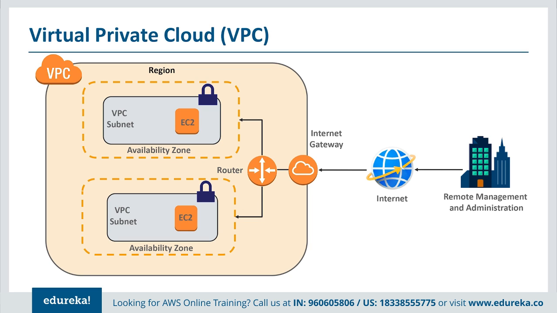So let's say we decide a range, let's call it R. We create two subnetworks from that range, R1 and R2. I'm mapping R1 to one availability zone, let's say A, and R2 to another availability zone. So generally we would say availability zone A. Indirectly it would mean that in the backend, your network teams would have mapped it to a subnetwork address range, which is R1 in this case.